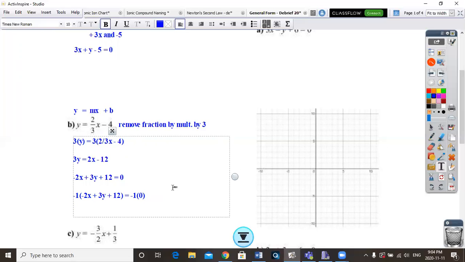And that's going to leave us with our final answer. So basically, we're switching the signs for everything. So the negative becomes positive, so 2x minus 3y minus 12 equals 0. And that is our final answer for part B. And that is the general form.